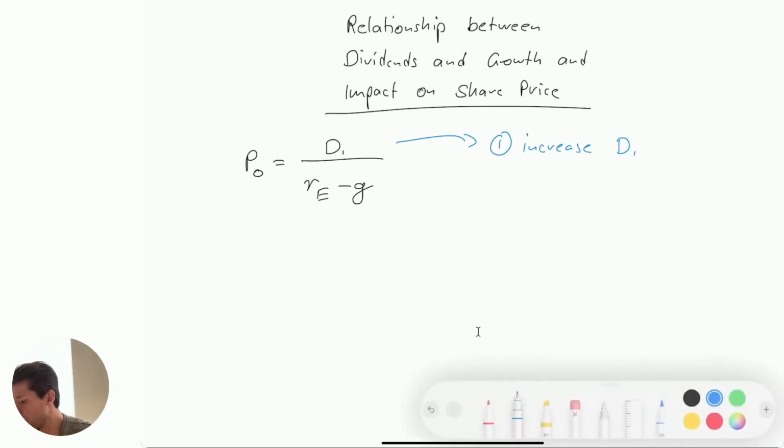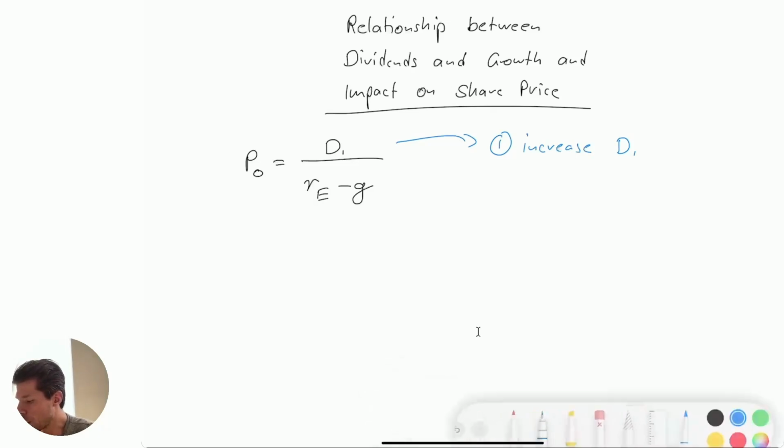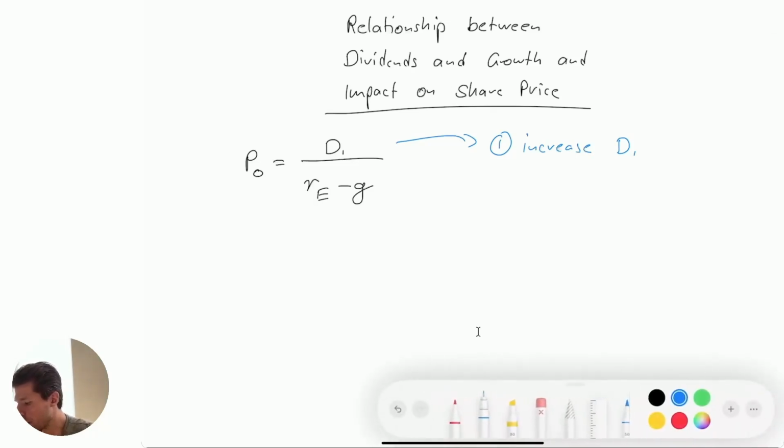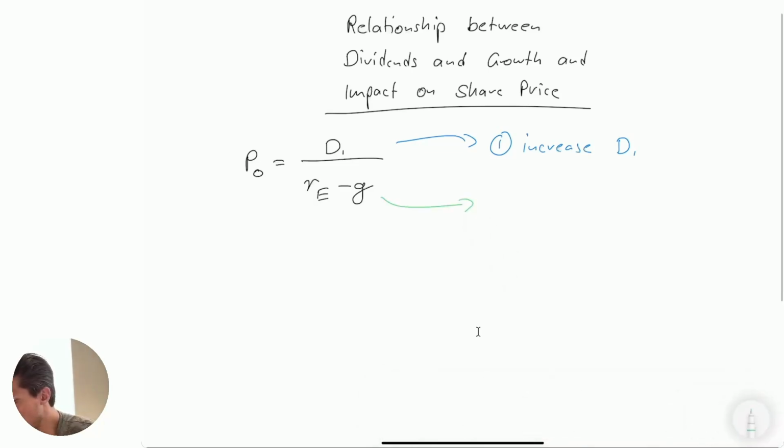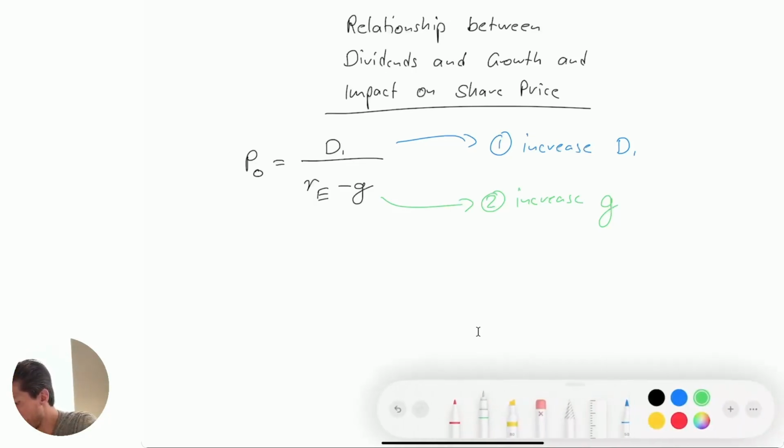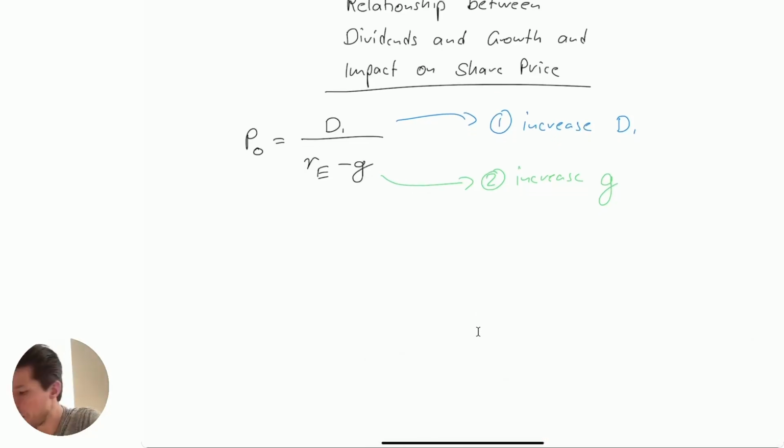Or, as a second option, we could increase our growth rate. If we have a higher growth rate, our denominator is smaller and our share price increases. Good, what should we do? As a heads up, both is not possible. I will explain why.